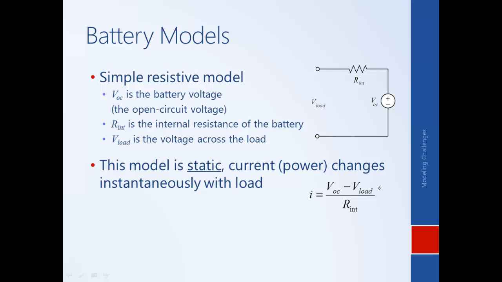So if the load on the battery changes, then the current will change instantaneously. In reality, this is not a perfect model. A battery is not a static system. If the load changes, it will take time for the output to change, or the current supplied by the battery to change. It won't happen instantaneously.